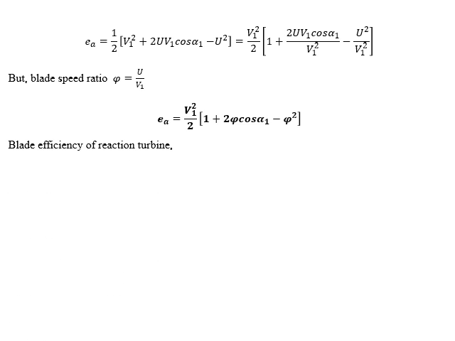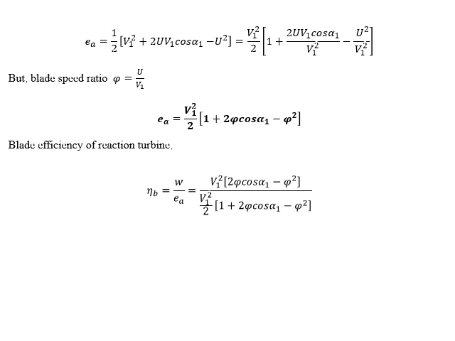Now, the blade efficiency of the reaction turbine. What about the blade efficiency? Blade efficiency is given by the ratio of work done to energy available. The work done expression is V1 squared into (2 phi cos alpha 1 minus phi squared), and the energy available at the rotor inlet is V1 squared by 2 into (1 plus 2 phi cos alpha 1 minus phi squared).